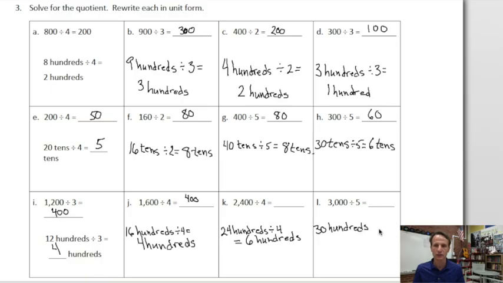So 30 hundreds, $100 bills divided among 5 people. So I start handing them out to the 5 people. 100, 200, 300, 400, 500, 1000, 1500, 2000, 2500, 3000. Okay, one more time. 5, 10, 15, 20, 25, 30 hundreds.